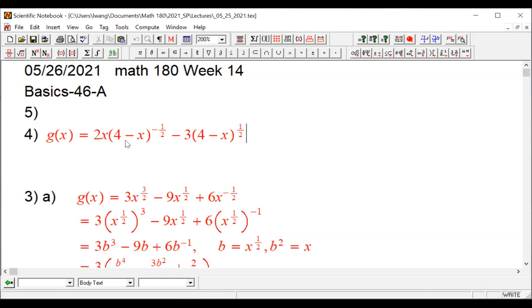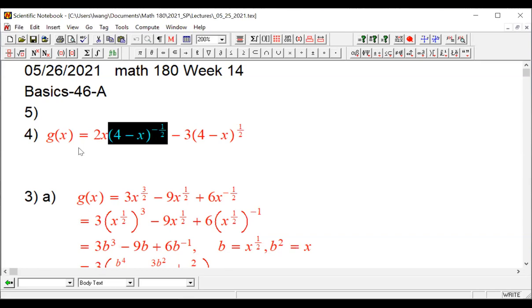You look at the lowest exponent. Which one is the lowest exponent? Negative half, right? So you're going to factor out the one with the lowest exponent.